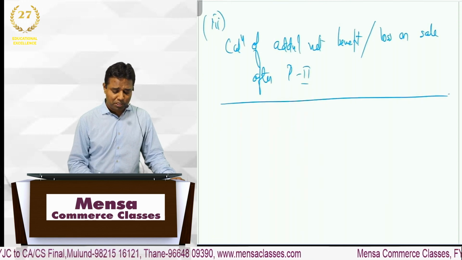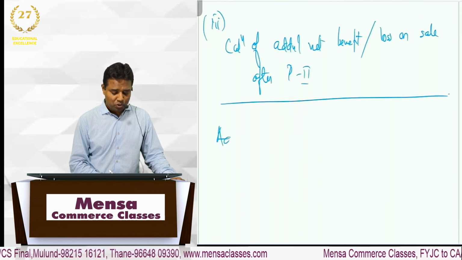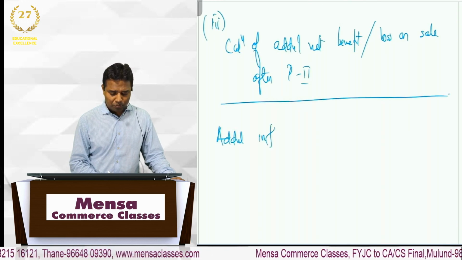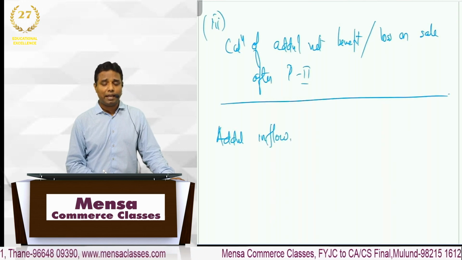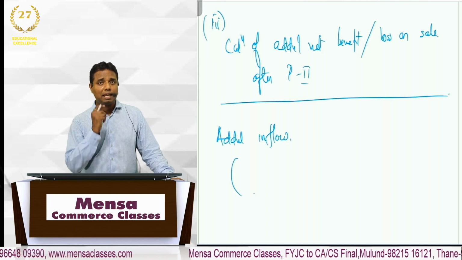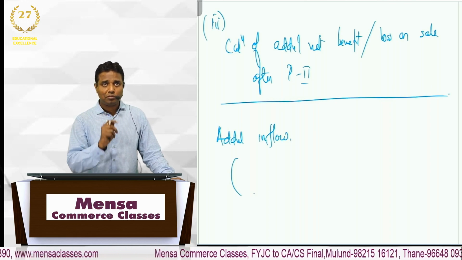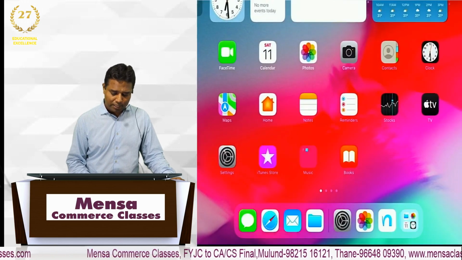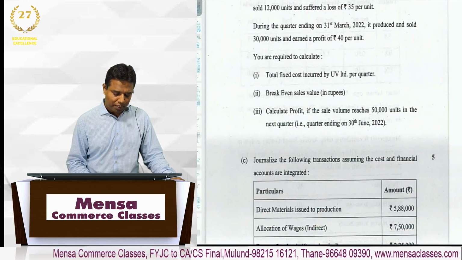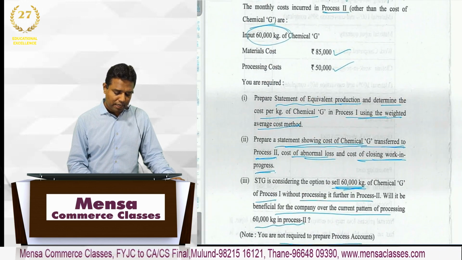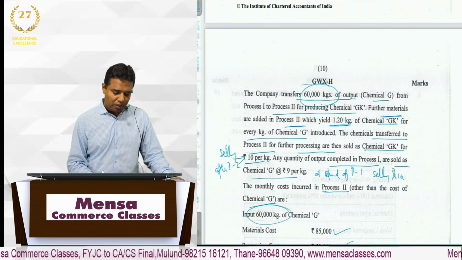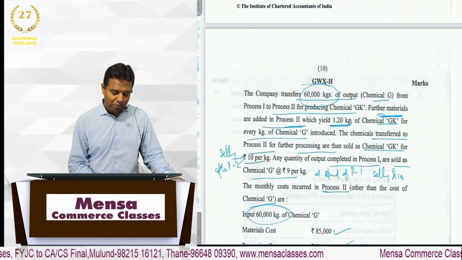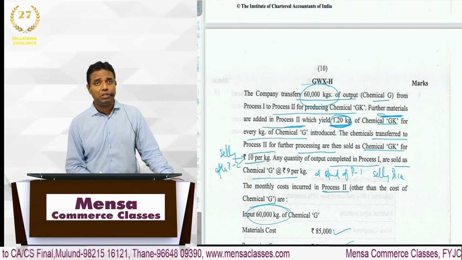So after process 2, if you are going to sell, how much additional inflow will I get? If you put 60,000, you will not get 60,000, but more, because they are saying further materials are added in process 2 which will yield 1.2 kg of GK.